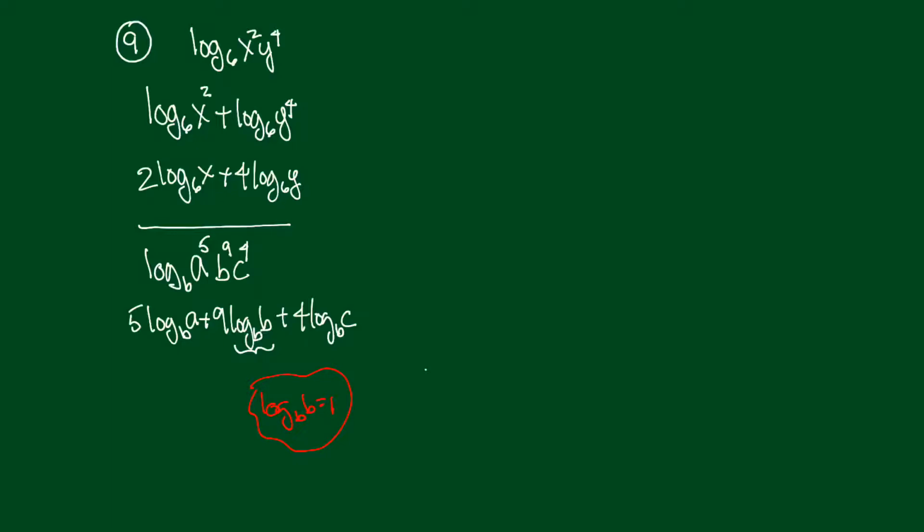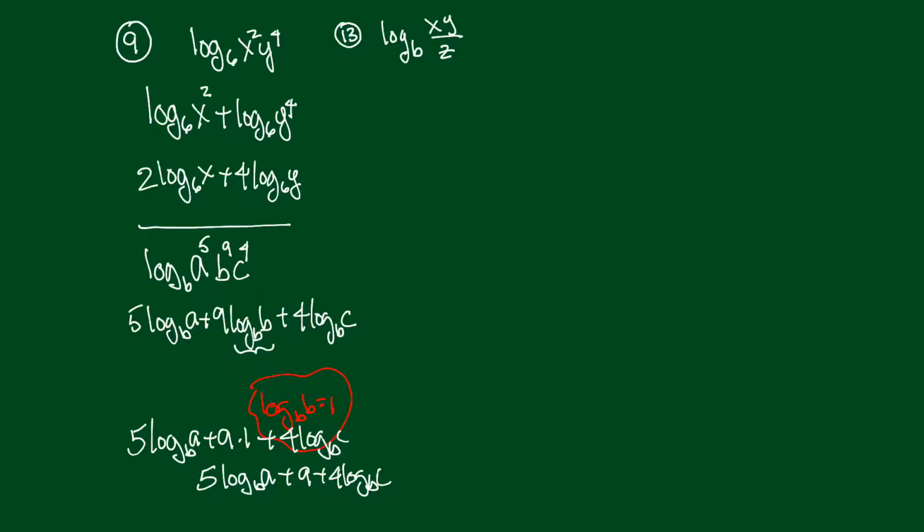So when I rewrite that now, this is going to be 5 log base b of a plus 9 times 1 plus 4 log base b of c. 9 times 1 is just 9. So how about if we just write it as 5 log base b of a plus 9 plus 4 log base b of c. So sometimes you can take these a little farther than you maybe originally thought.